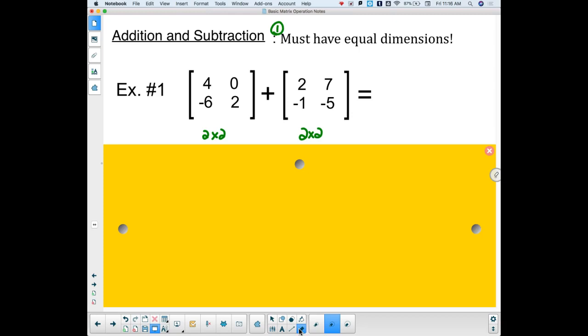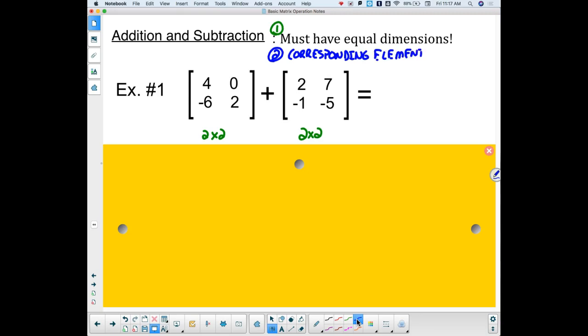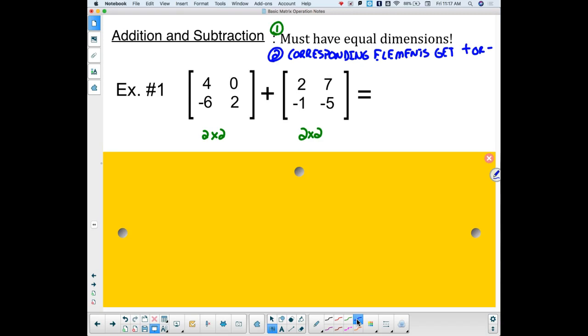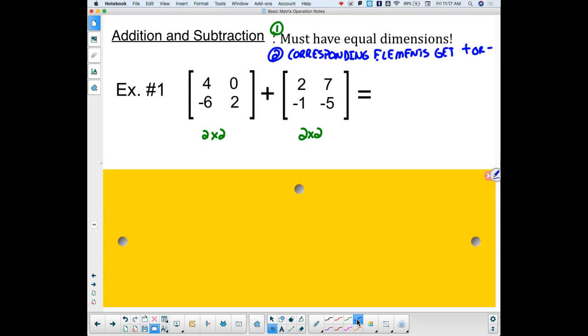So what we do then to add them together is we take the corresponding elements and they get added or subtracted. Okay?